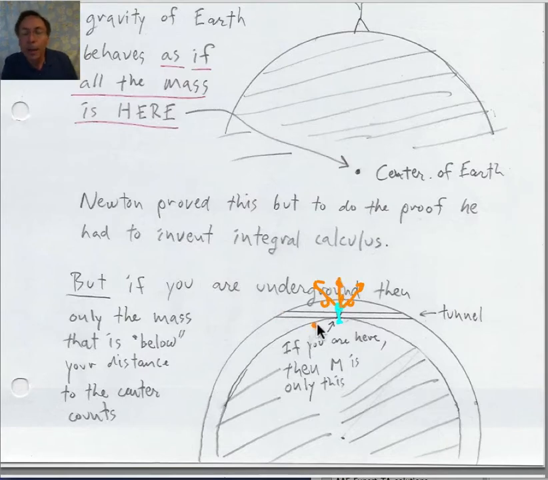So you're going to weigh less when you're underground, and if you can do the calculus, what happens is you get the answer that your weight is going to be as if the mass of Earth, the mass that is at, you see, here's the radial distance from the center to you.